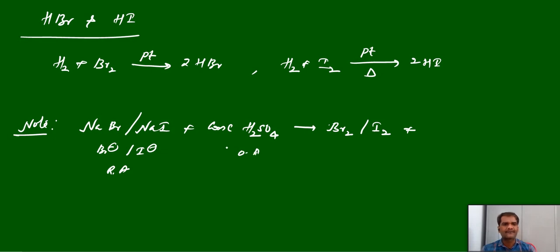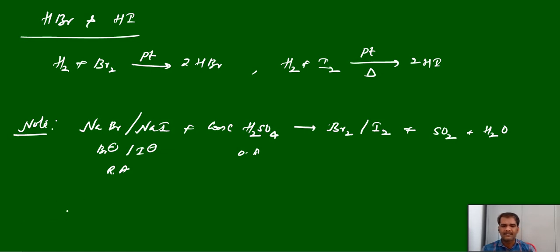So a kind of redox reaction takes place. Br minus is oxidized to bromine, and sulfuric acid is reduced to SO2. So we cannot prepare HBr or HI by using concentrated sulfuric acid with their corresponding halides.